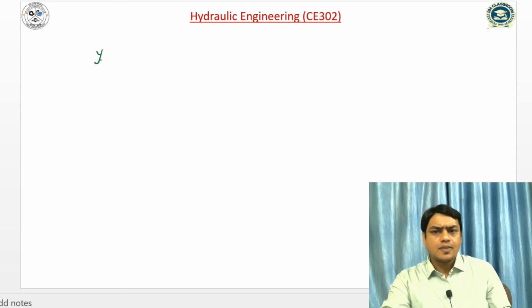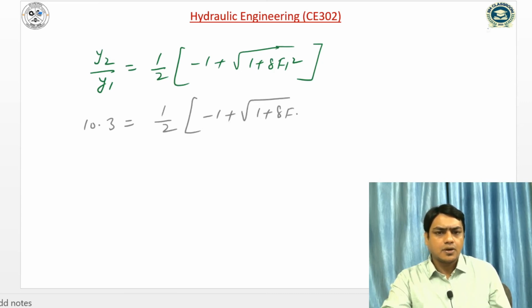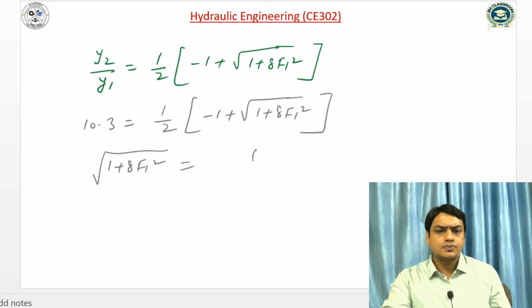So we have the relation y2 by y1 is equal to 1 by 2 into (minus 1 plus square root of 1 plus 8 F1 square), and y2 by y1 is given, that is 10.3. So 10.3 is equal to 1 by 2 into (minus 1 plus square root of 1 plus 8 F1 square). So square root of 1 plus 8 F1 square is equal to 20.6 plus 1, so it will be 21.6.